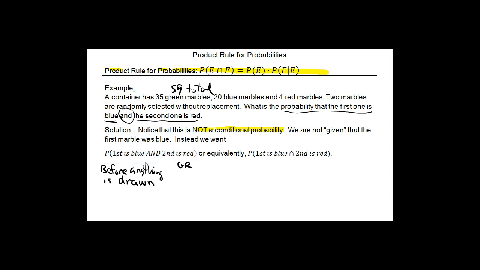You've got green, you've got blue, and you've got red, and then you have your total. So let's look at it that way. In the beginning, you have 35 green, 20 blue, 4 red, a total of 59.